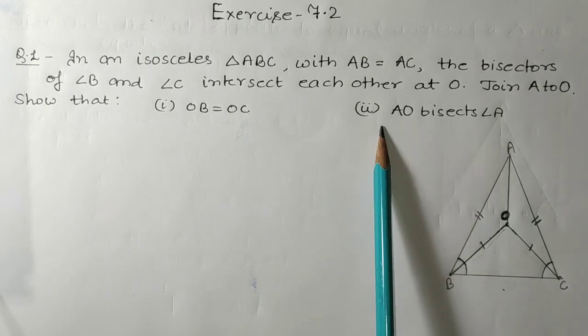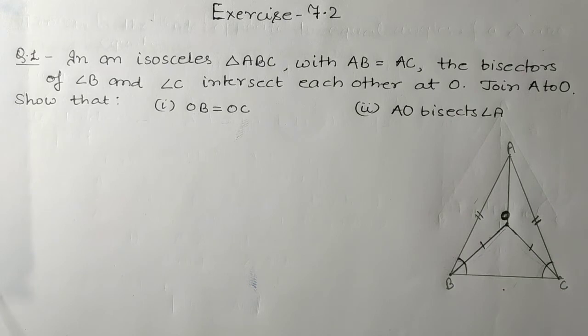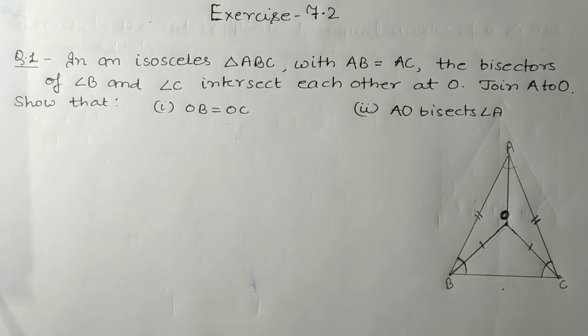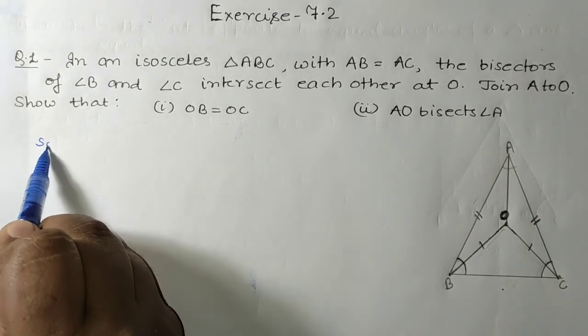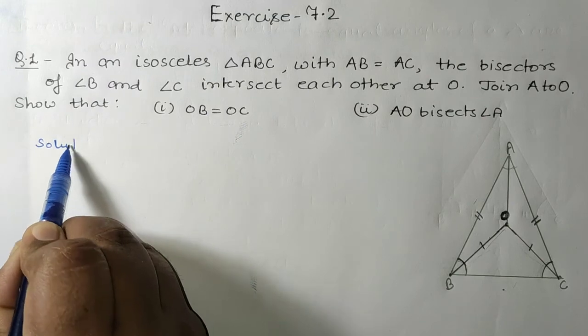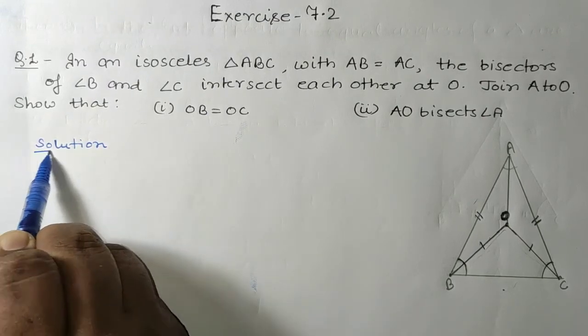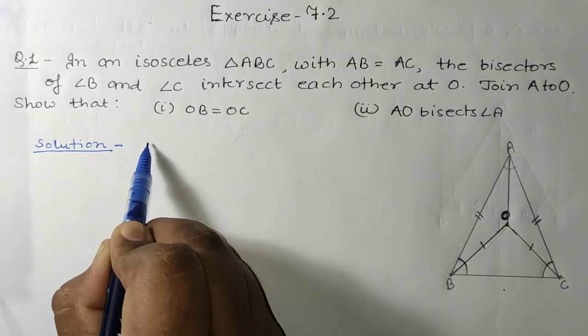And the second part is AO bisects angle A. This side AO is the bisector of angle A. This we have to show also. So how will we show it? Let us see, students. So see, students, in the solution part, firstly we'll write what is given.